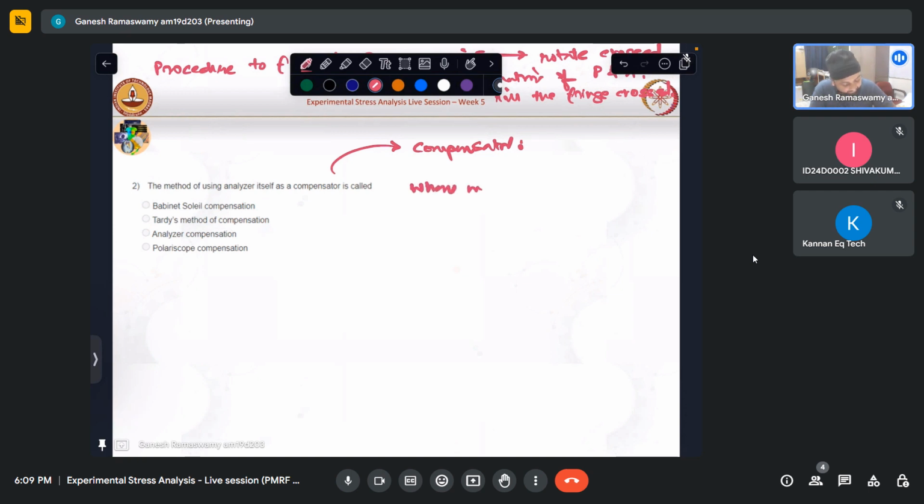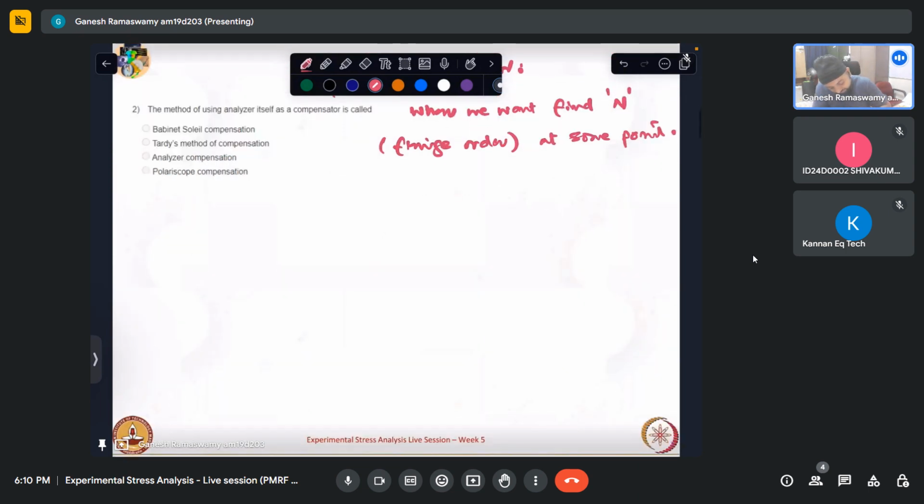When we want to find n, that is fringe order, at some point. When we want to find fringe order at some point, at our disposal, we only have one indication that it is a fringe from the user's perspective.